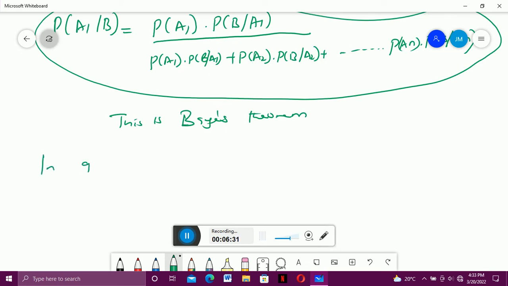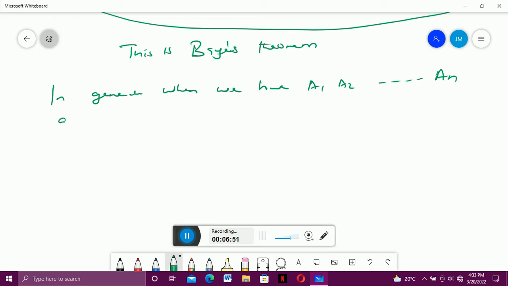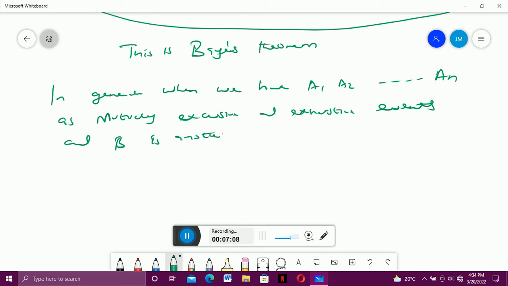In general, we have A1, A2, all the way to AN as mutually exclusive and exhaustive events, and B is another event that cuts across them all. We usually write Bayes' theorem in general this way.